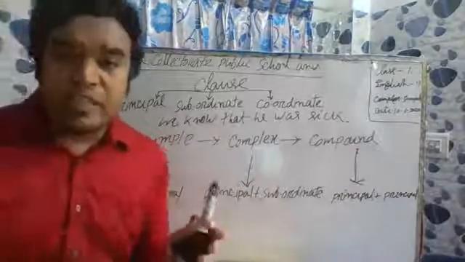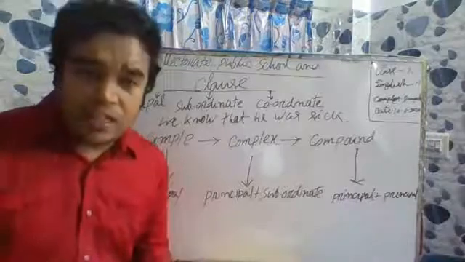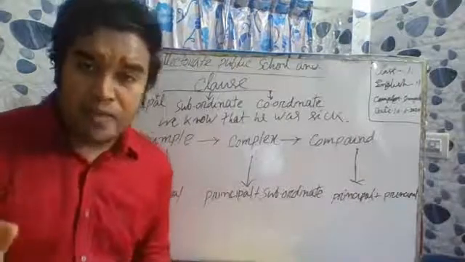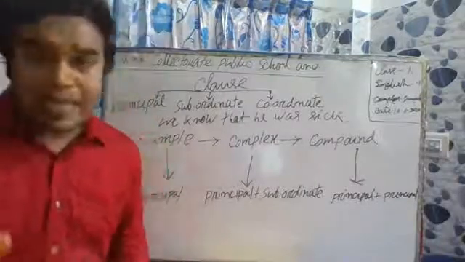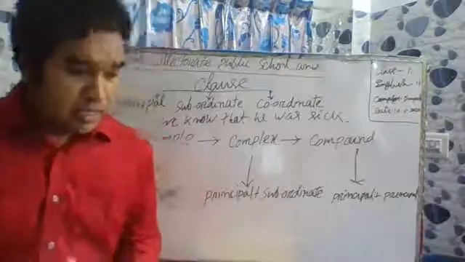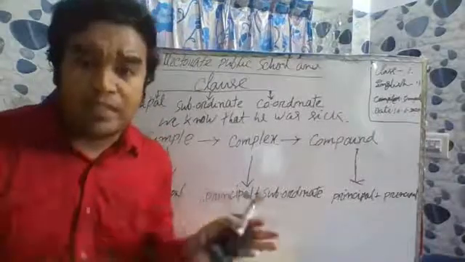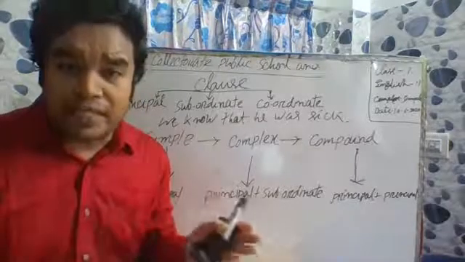Now we will learn what is principal clause. Principal clause is formed with one subject, one finite verb, and extension, and it has a complete meaning. And we always use this principal clause as a part of a bigger sentence.